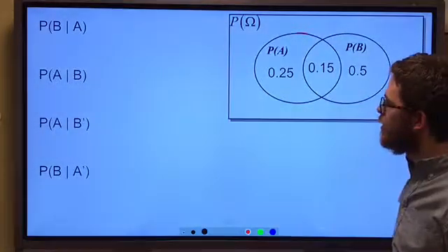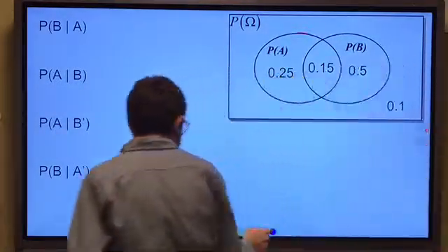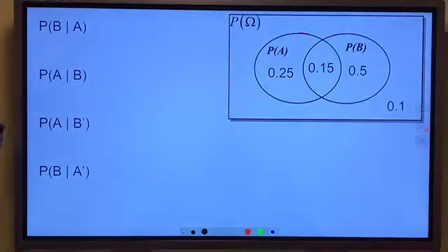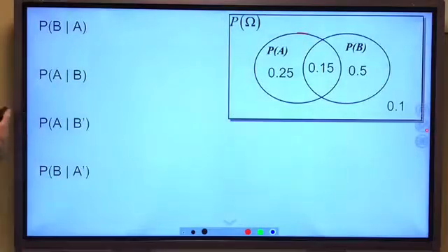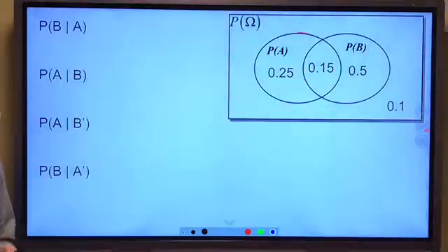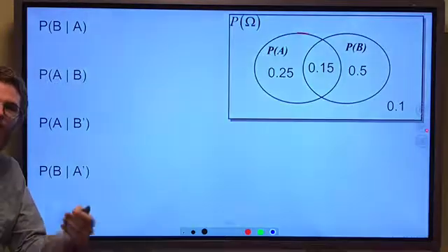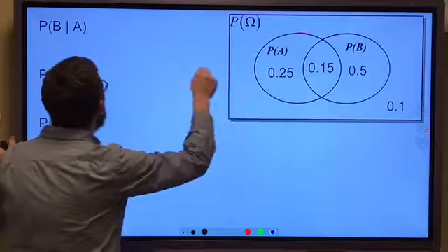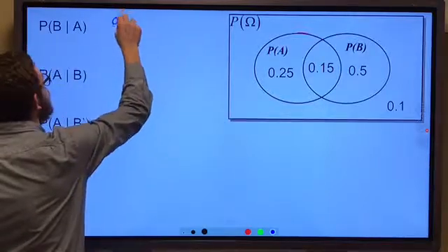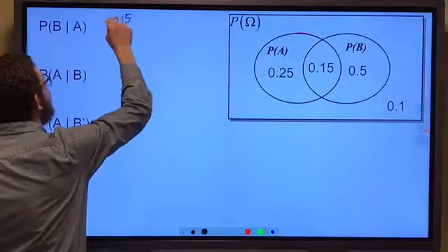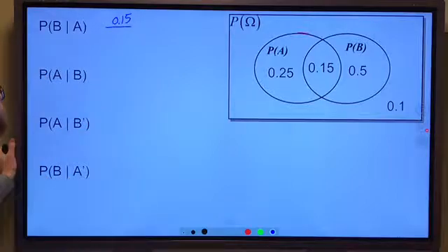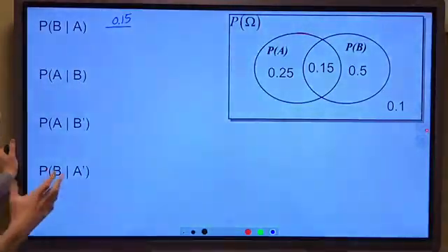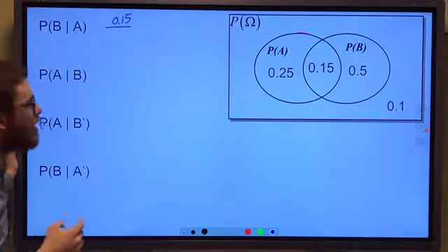So hopefully that gives a little bit of clarification on why this Venn diagram looks the way that it does. So we want to find these conditional probabilities. First, the probability of B given A. Well, we know in conditional probabilities, the probability of both happening, A and B. Remember that word and is in there. And so the probability of A and B is 0.15. We're going to divide that by the probability of A. Well, what is the probability of A?